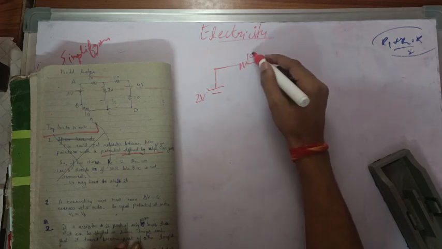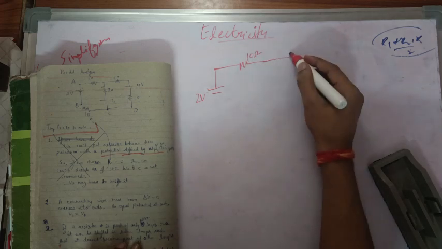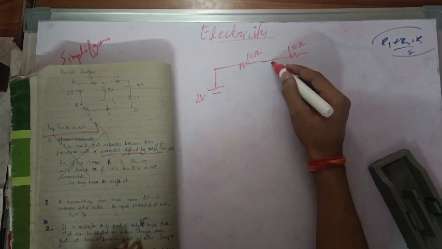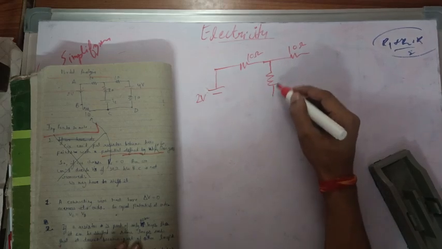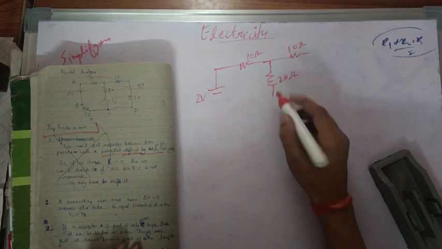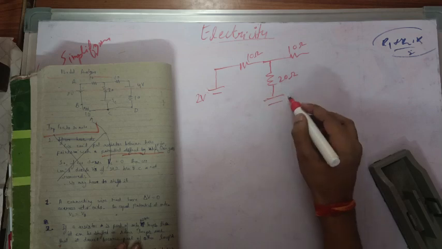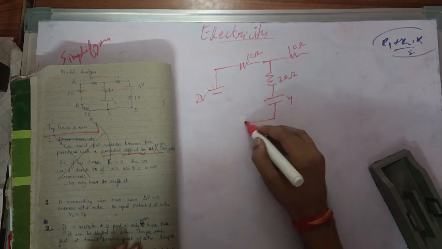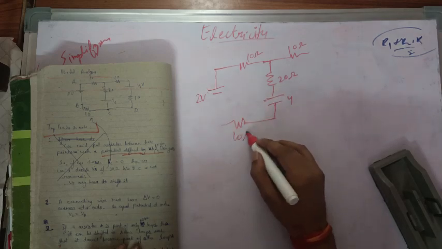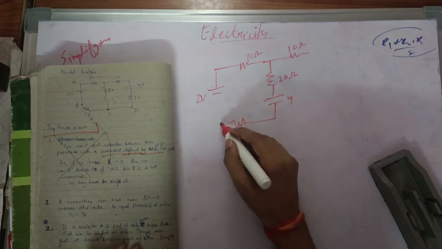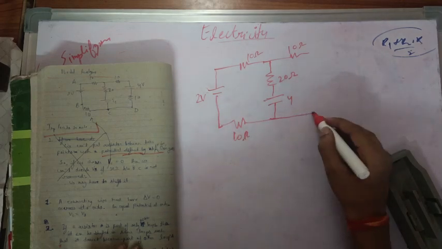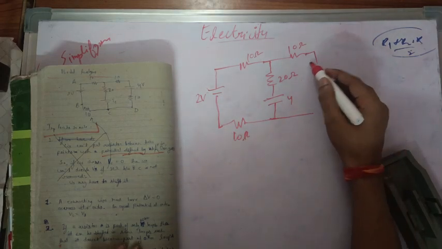This is a 10 ohm resistance, again 10 ohm resistance, again here 20 ohm resistance, and then a cell of 4 volt potential difference. Here it is 10 ohm resistance and connected to this. Now we want to solve it.